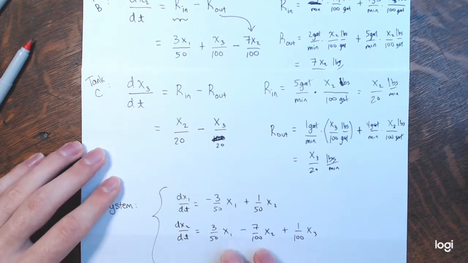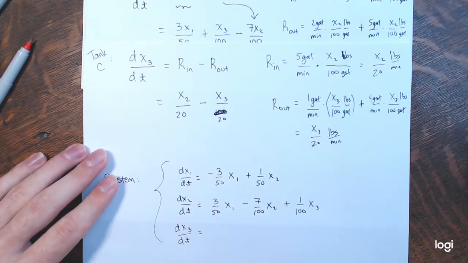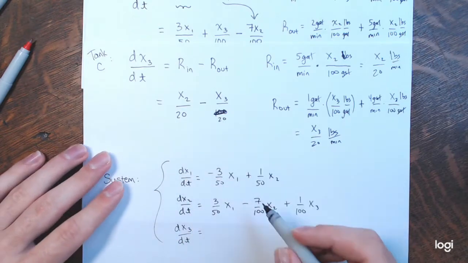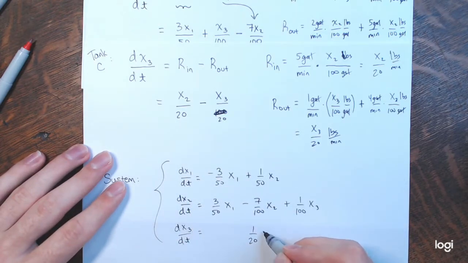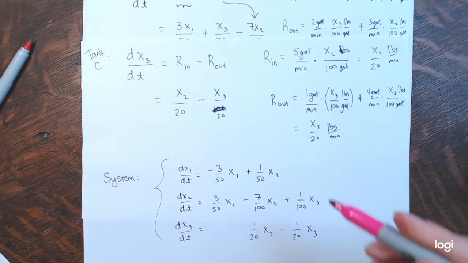And then finally my equation for the third tank, dx3/dt, the rate at which salt is changing in tank C, is no x1 and then 1/20 x2 minus 1/20 x3. And there's the final result. And that's all we're asked to do.